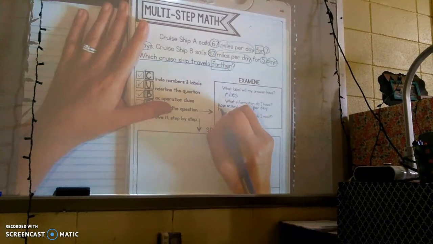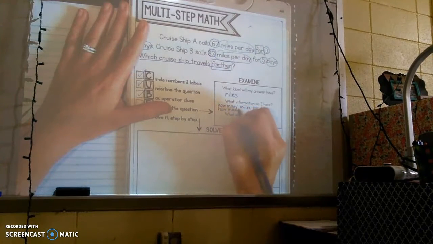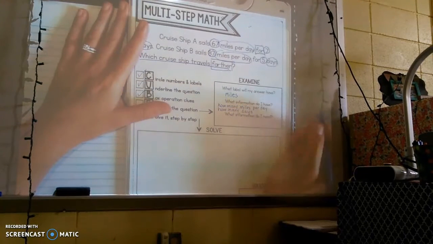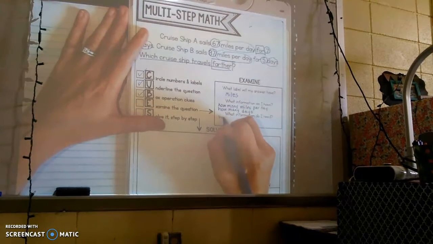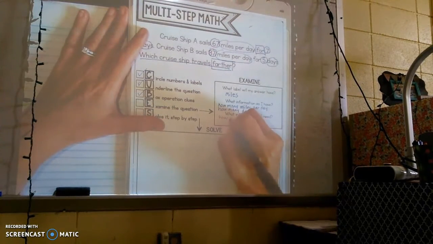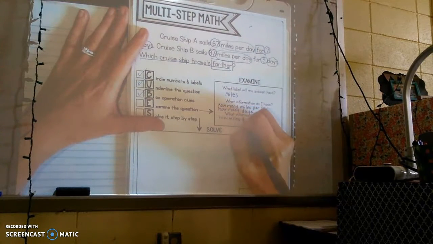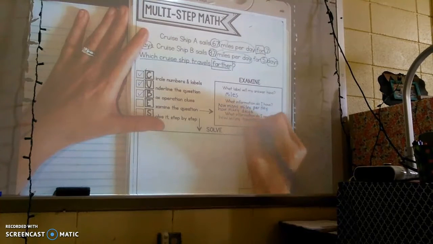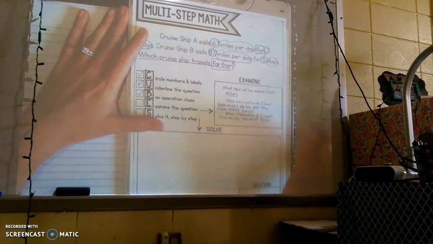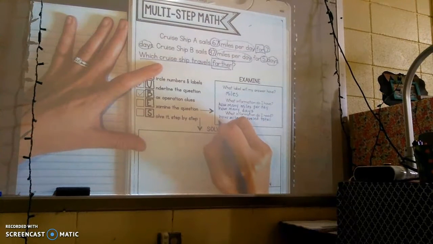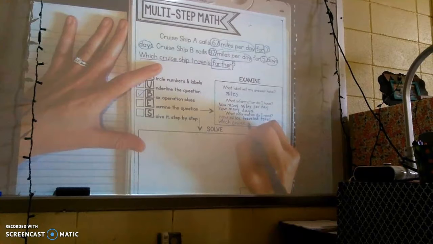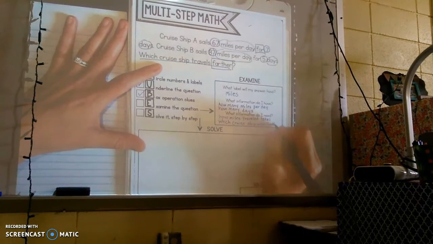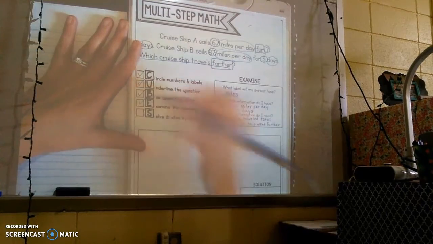And then it tells me how many days. What do I need? I need to know how many miles they traveled total. And I also need to know which cruise ship went further. Okay, so I've examined my problem.